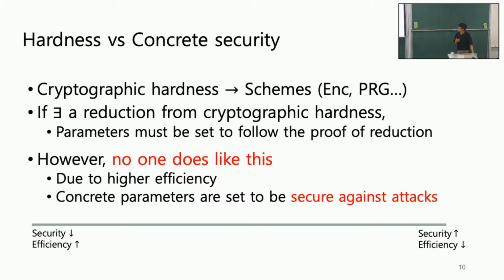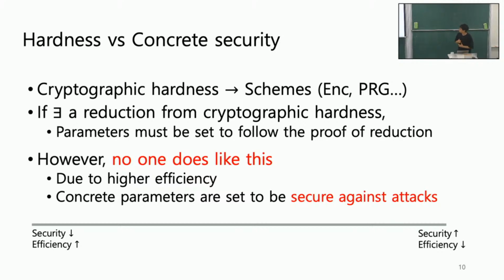If there is a reduction from the cryptographic hardness, then the parameters of schemes must be set to follow the proof of reduction. However, no one does this because we want to construct more efficient cryptographic schemes. Indeed, concrete parameters are set to be secure against unknown attacks.